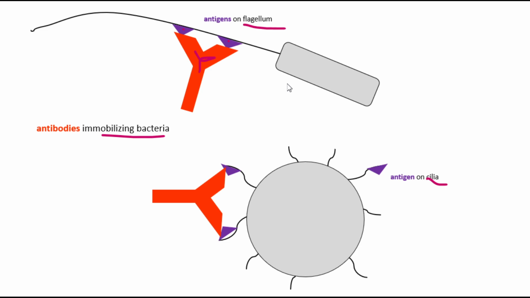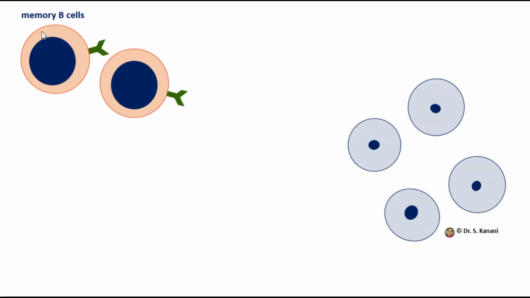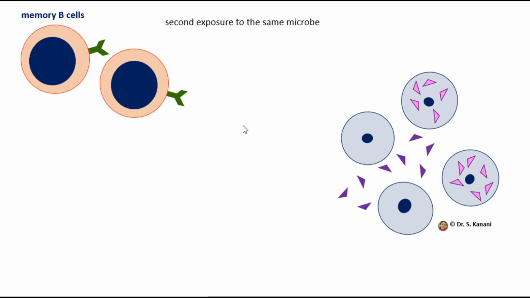And now we can get back to the memory cells that we keep after this battle is over. So these are a few memory cells that we have in our secondary lymphatic organs and tissues, for example. When in the future, for the second time, we are exposed to the exact same microbe, the difference this time is that we have cells that have experienced meeting that microbe before.